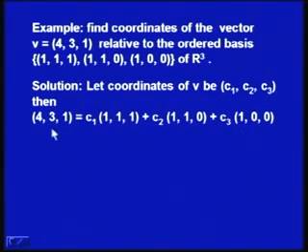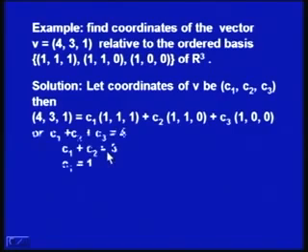So, we have to solve the system, and that amounts to 4 is equal to C1 plus C2 plus C3, the first equation. The second equation will be 3 is equal to C1 plus C2, as this will not contribute, and finally 1 equal to C1, as the others will not contribute.